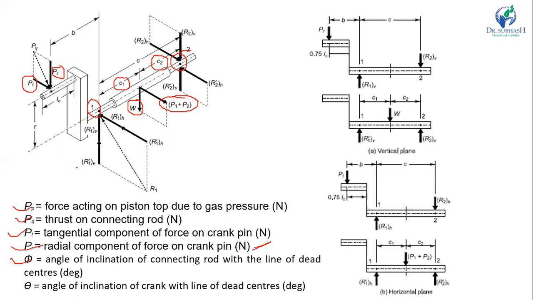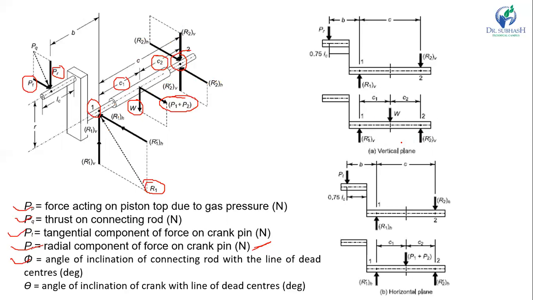Similarly R1 dash V and R1 dash H, and R1 is the total reaction at bearing 1. Similarly here you can see R2V and R2H and R2 dash V and R2 dash H. So these are the different reactions acting at the two bearings, bearing 1 and bearing 2.